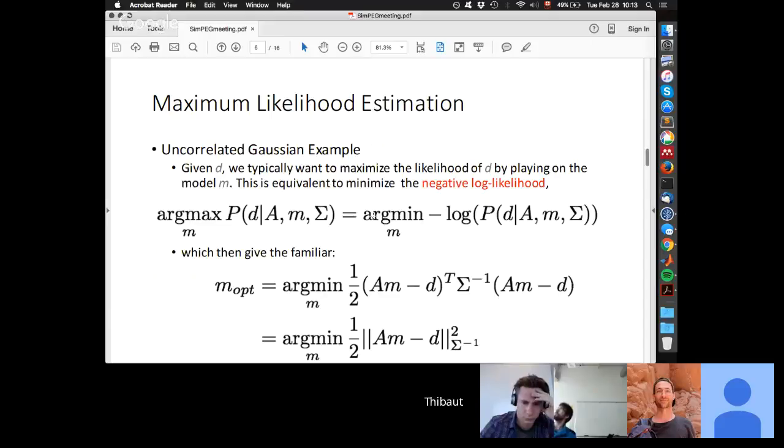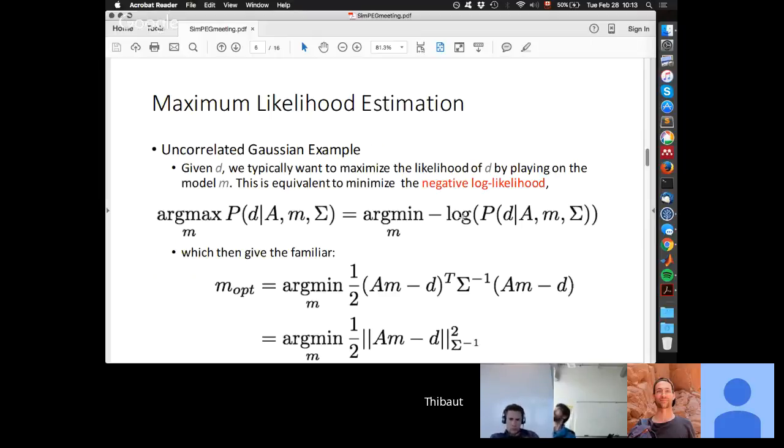A way to do that, which is actually equivalent, is that maximizing the likelihood is like minimizing the negative of the log of the likelihood, because the negative log is a convex function. So I now look for the M that gives the minimum of the negative log.